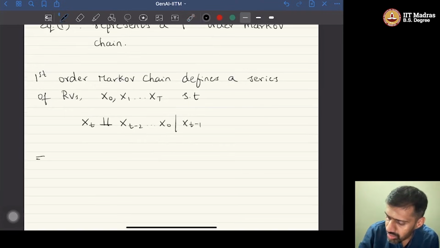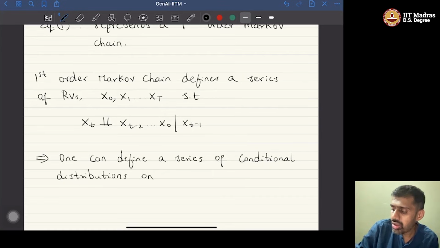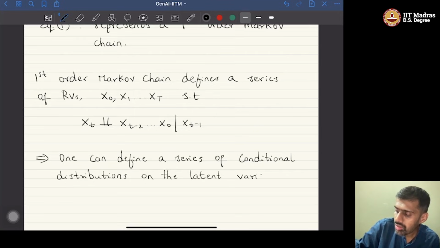This implies that one can define a series of conditional distributions on the latent variables as follows.